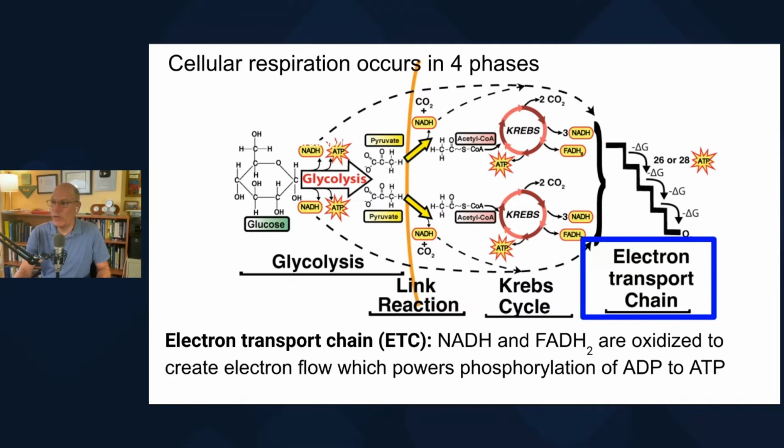And during the electron transport chain, all of the NADH, which was produced in the first phase of cellular respiration, glycolysis, it was produced in the link reaction, it was produced in the Krebs cycle. All of that NADH and the FADH2 that was produced in the Krebs cycle are oxidized to create electron flow, which powers phosphorylation of ADP into ATP. And that's where we make most of the ATP in cellular respiration.